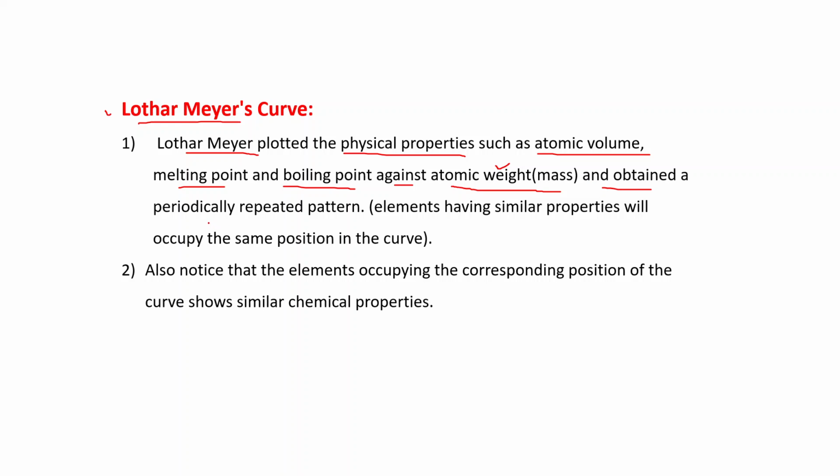He obtained a periodically repeated pattern. Now, what is the meaning of this periodically repeated pattern? Elements having similar properties will occupy the same position in the curve. Also notice that the elements occupying the corresponding positions of the curve show similar chemical properties.